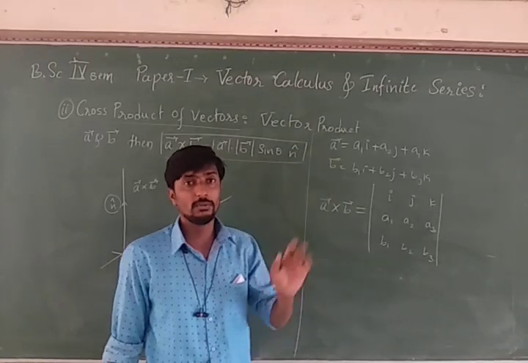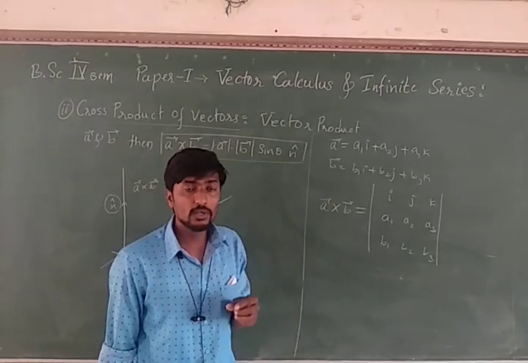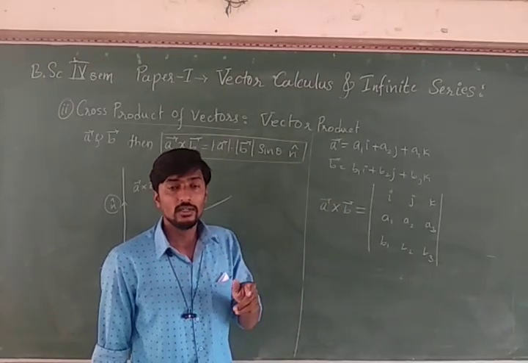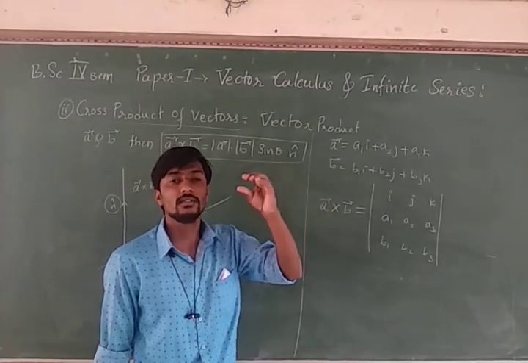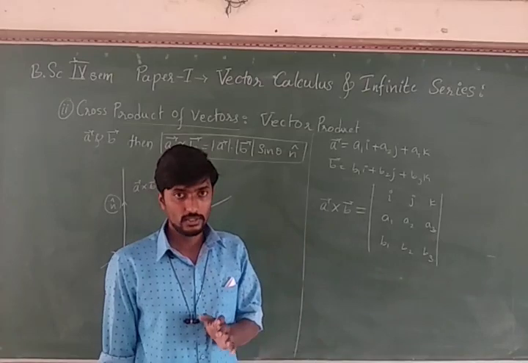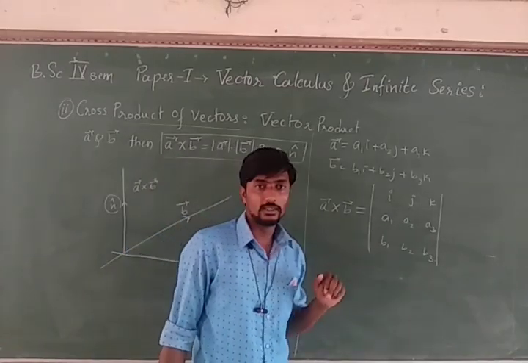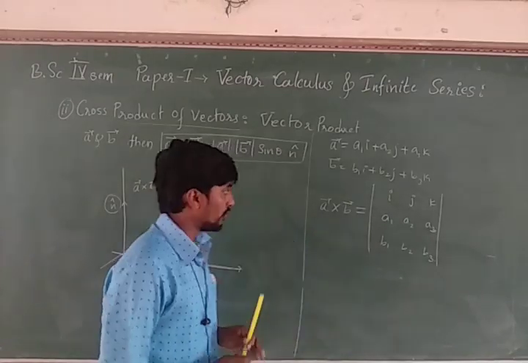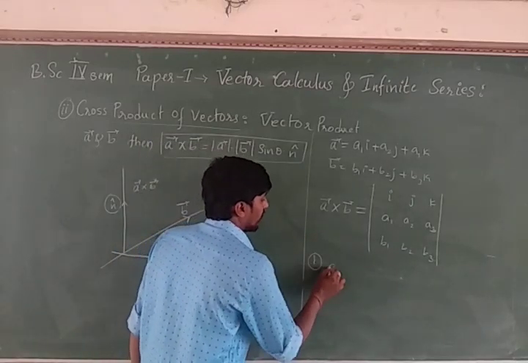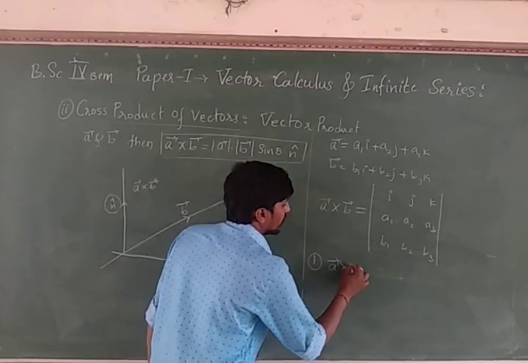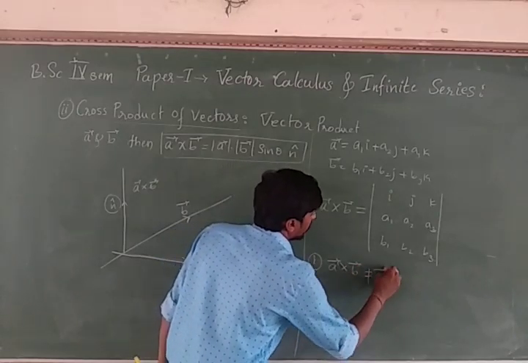You may know the determinant property: if any two rows are interchanged, then the value of the determinant gets multiplied by minus. Is that clear? So from this you can see that property number 1 is, A cross B is not equal to B cross A.